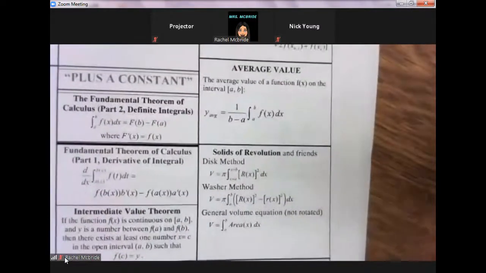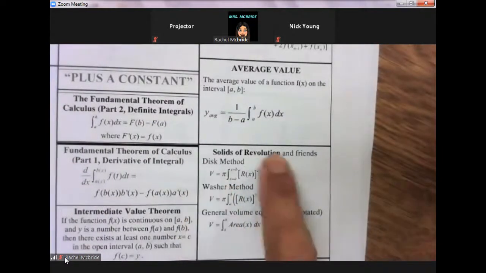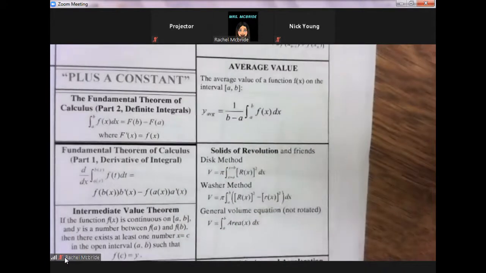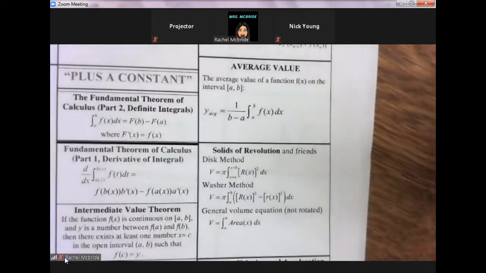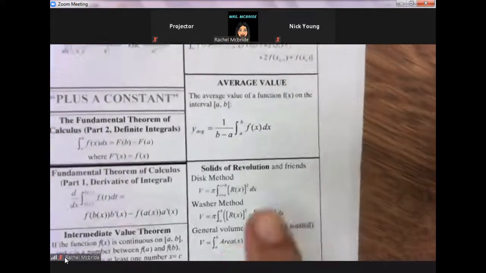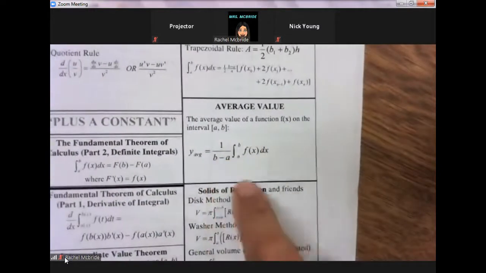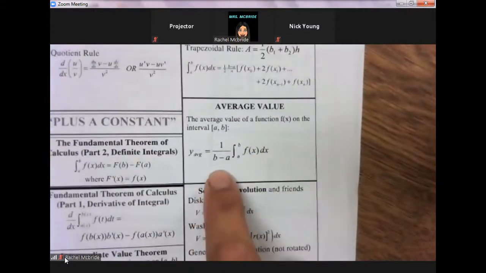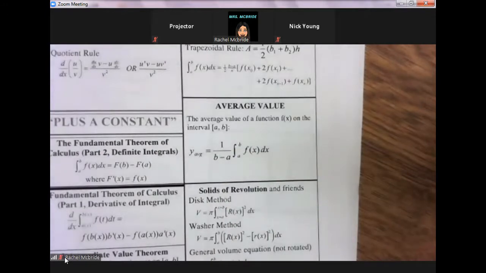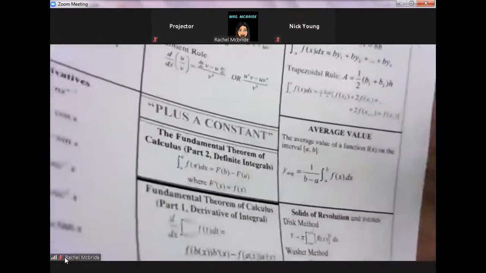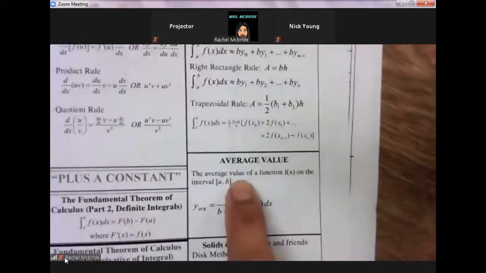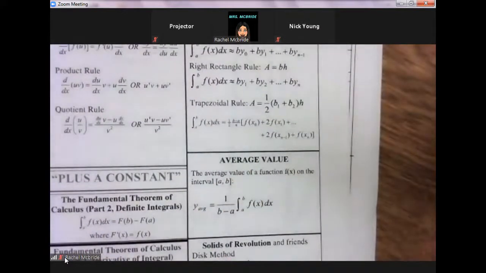Now, what you can kind of think of that we're not really doing is the disk method. And then average value. Average value is just a normal integral, but you have average in front. So the two big things kids mess up a lot is wording. So you have average value and average rate of change.